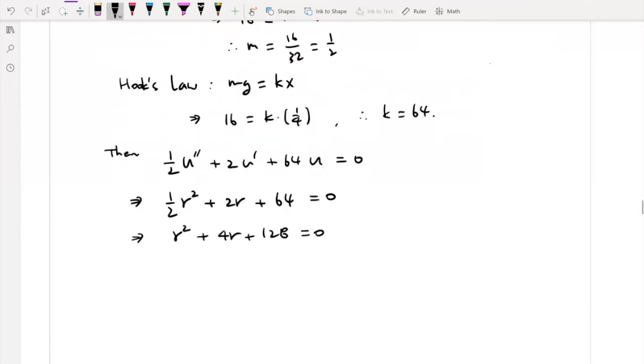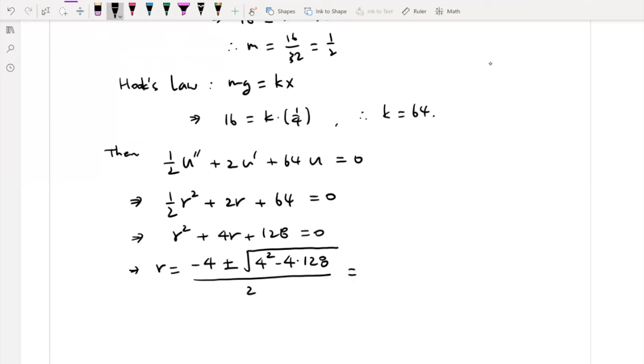Let me use the quadratic formula to find r. r is equal to minus b plus or minus square root of b squared minus 4 times 1 times 128, over 2a. Let me simplify this.